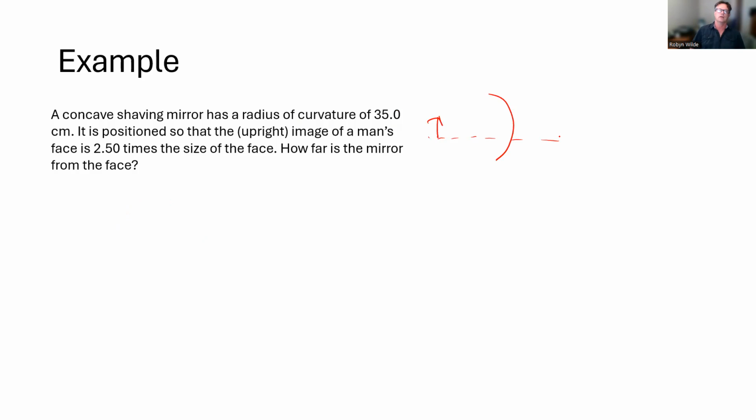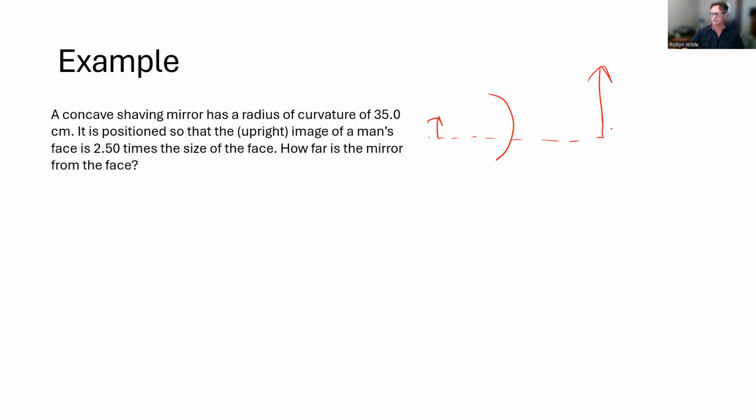Now, it says that the image is upright. Now, I have to guess that it's going to be a virtual image, because all of our images that are upright are virtual. The real images get flipped over upon the reflection. And it's also much bigger. It's 2.5 times. So it's going to be over here somewhere.